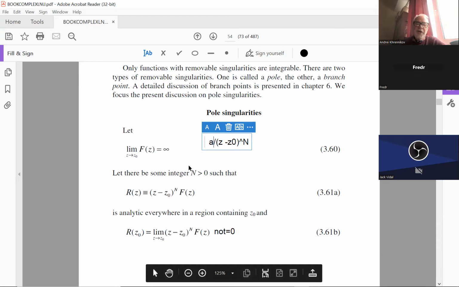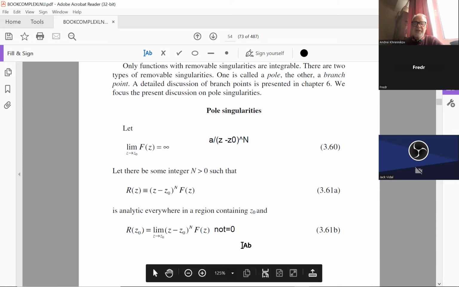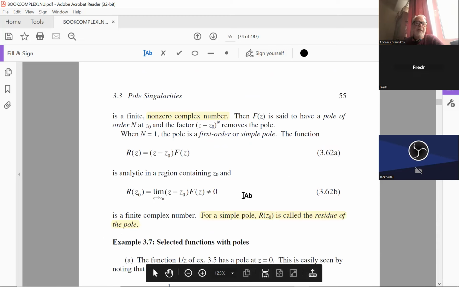So a pole singularity is a singularity of the following class. The limit is infinity, but we can find z minus z0 in some degree n such that this limit is a finite non-zero complex number.